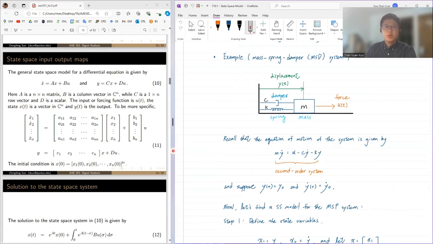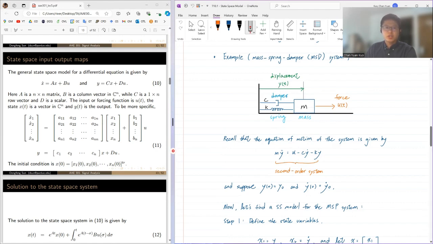Now, let's see how we can obtain a state space model for a system described by a differential equation through an example. In this example, we focus on the mass spring damper system. Here, the input, which is the horizontal force exerting on the mass, is denoted by u of t, and the output, which is the horizontal displacement from the wall, is denoted by y of t.